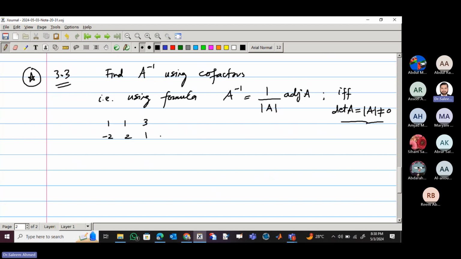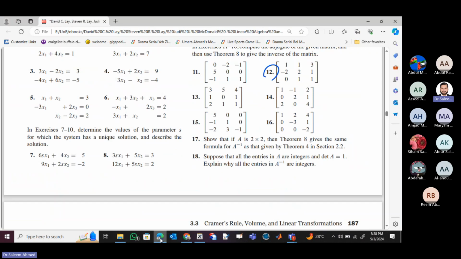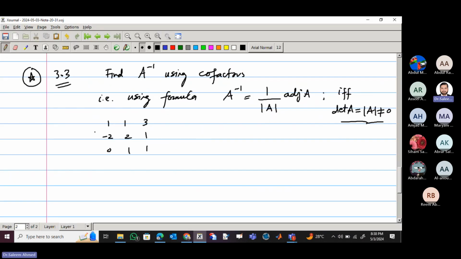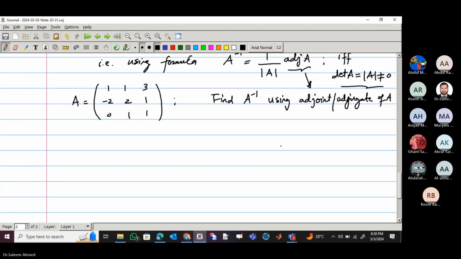So we need this one. We should start by finding the determinant. The question is find A inverse using this formula, using adjoint or adjugate. This is adjoint of A, or another name is adjugate of A. So basically we need to use this formula. So let's see. First of all, find the determinant.